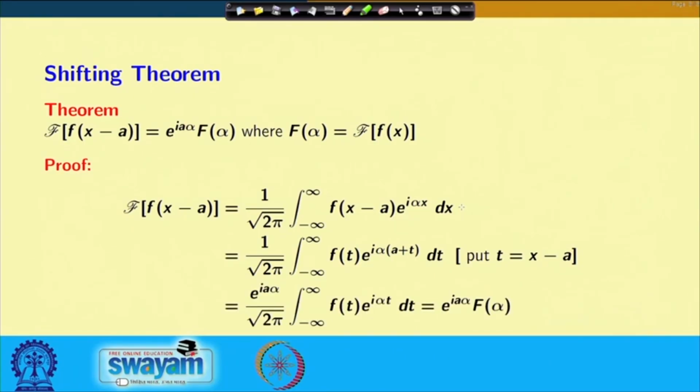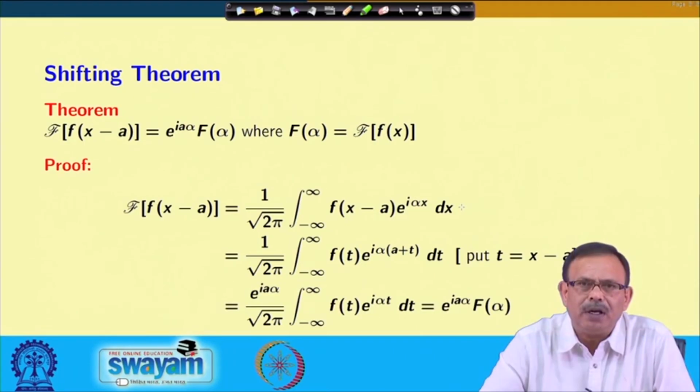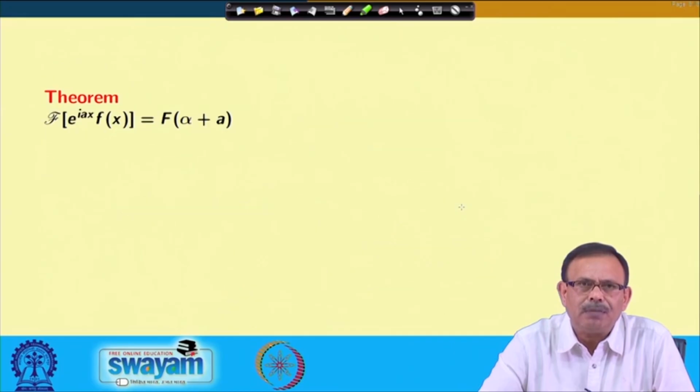So, this equals e power I alpha a into 1 by root 2 pi, integral from minus infinity to infinity, and this integral is nothing but the Fourier transform of f x. So, this equals e power I alpha a into capital F of alpha, where capital F of alpha is the Fourier transform of f x. So, this completes the proof of the shifting theorem.